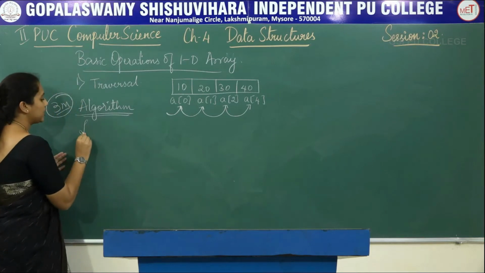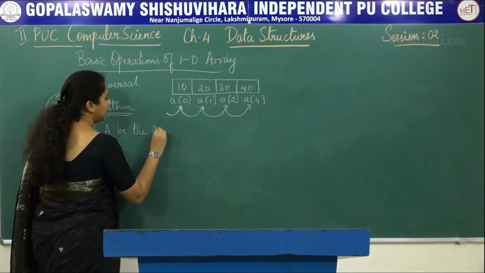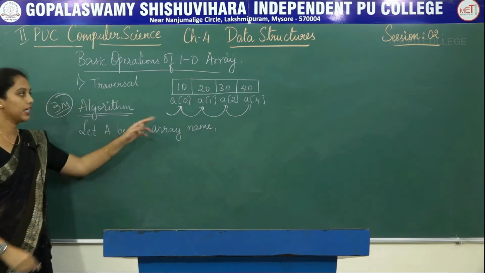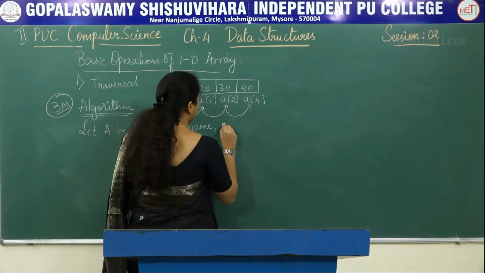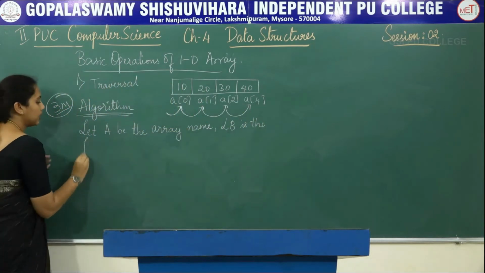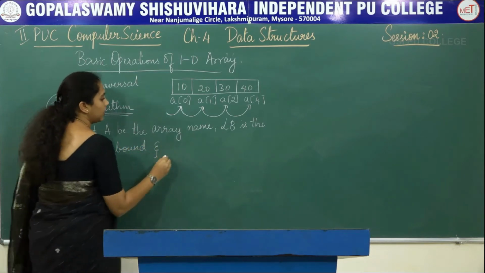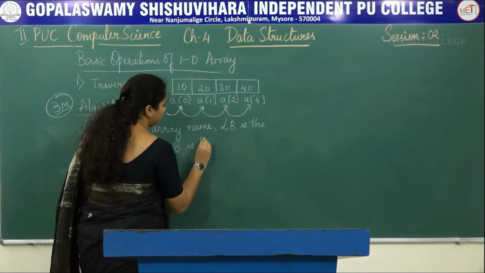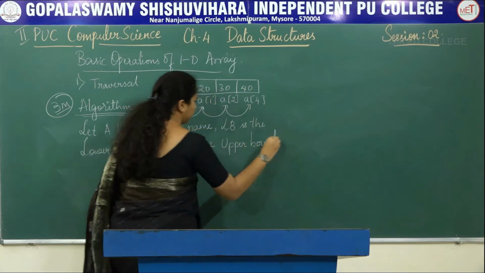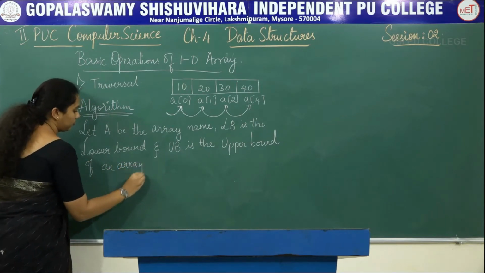Here let A be the array name. LB is the lower bound of the array, and UB is the upper bound of the array.